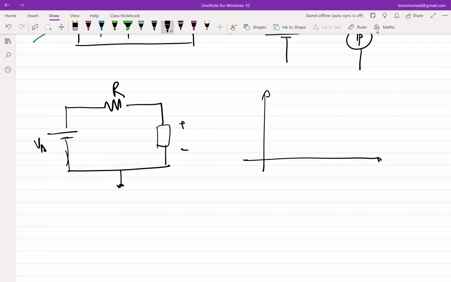So let's assume the I-V characteristics of this element, let me call it Vn, In, that is nonlinear, is something like this. Let's assume this is piecewise linear.